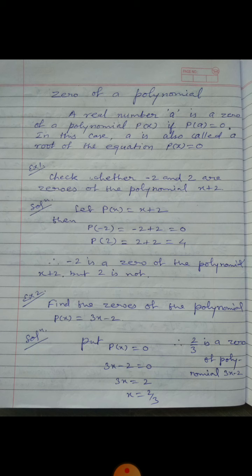if we have a polynomial p(x), and a real number a is a zero of the polynomial p(x) if p(a) equals 0. That is, if we put the value of x as a and our result is 0, then a is a zero.